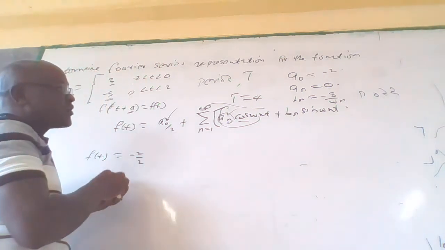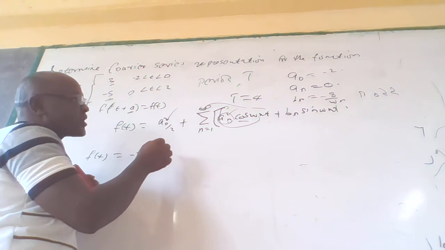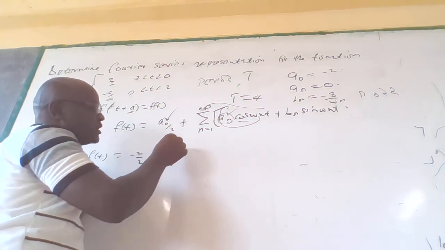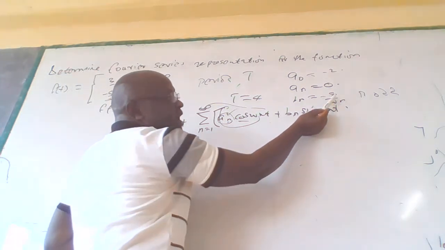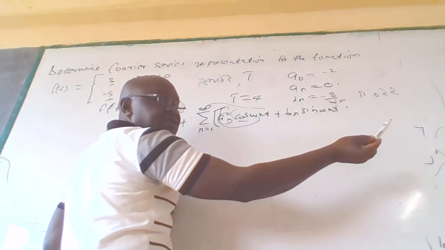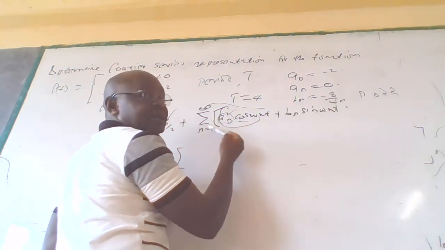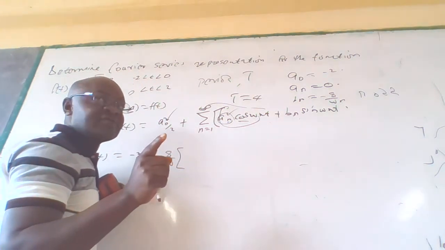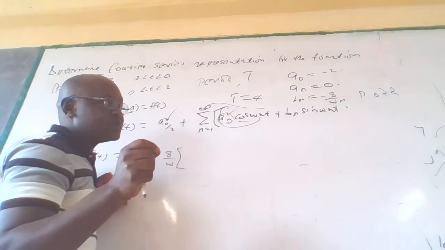So in fact, I can now write this one as negative 8 over omega into, now here you can see that I have 1 over n, I want to take it inside the bracket. But remember, we only have the series with odd numbers, so we start with 1.